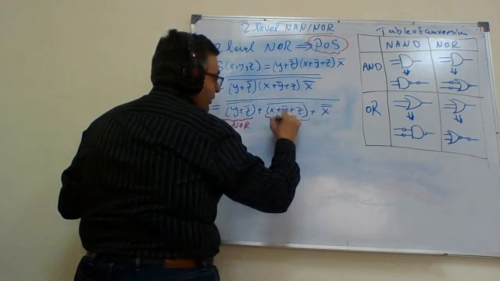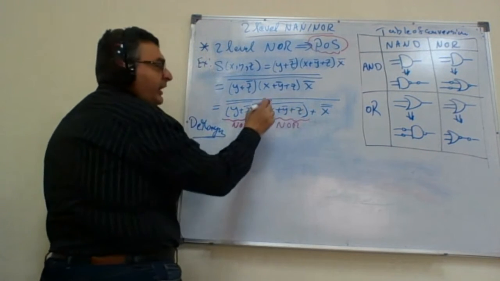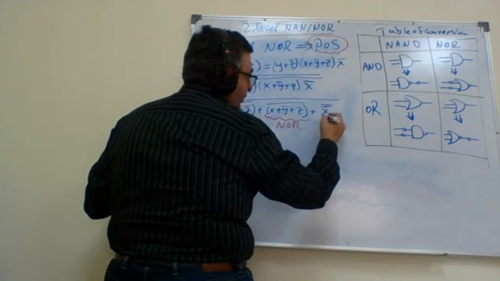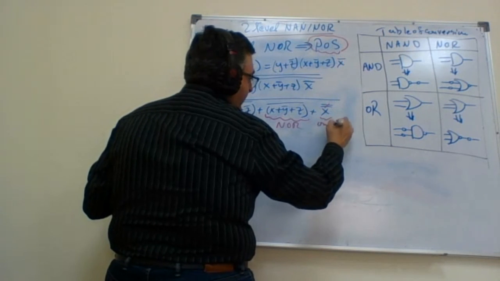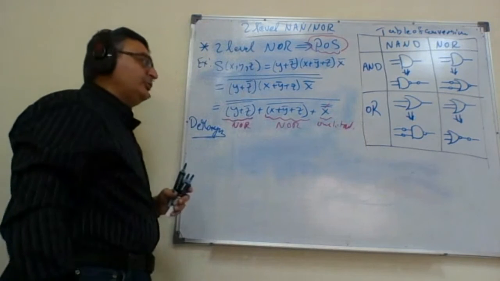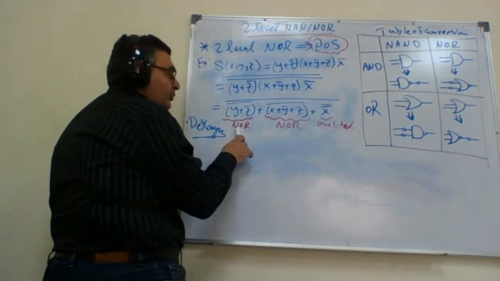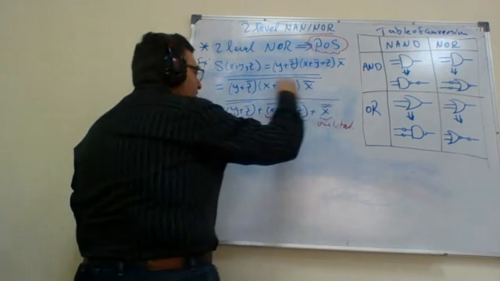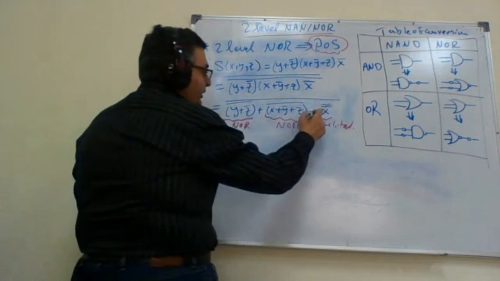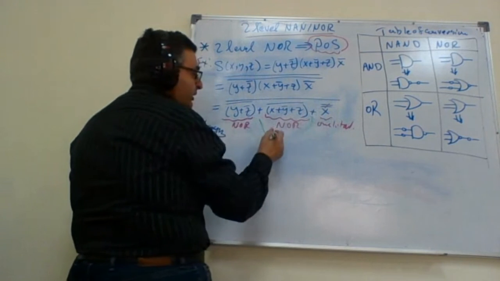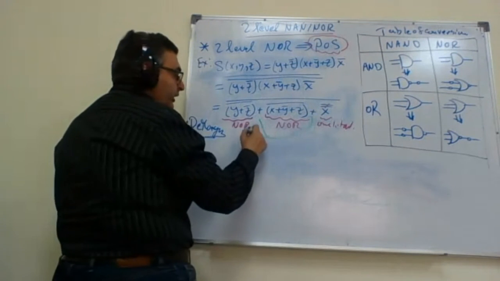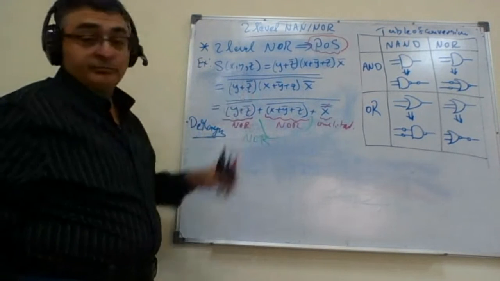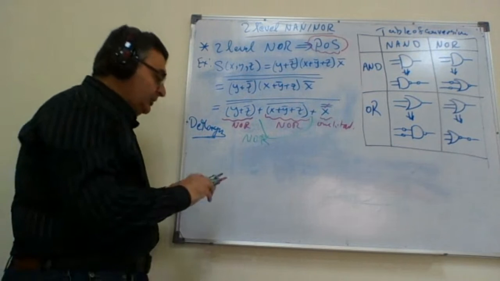This is a NOR gate between X, Y bar, and Z. And this is all one term connected to one literal connected to X. So if I have a NOR between those, and this is one term, what type of logic can you see connecting all of those terms together? It is one NOR gate.